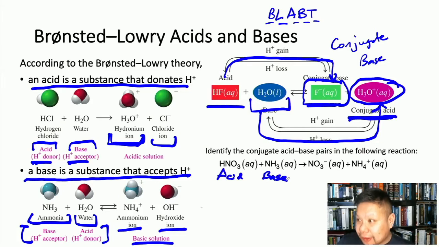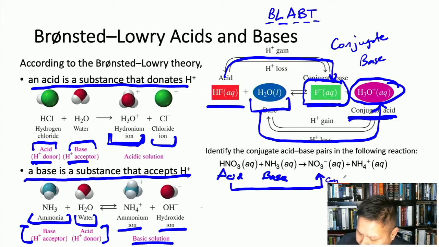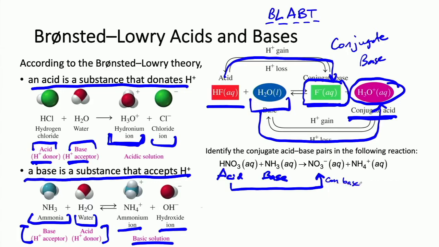Another trick here too is that the conjugate base of the acid will always be the negatively charged ion. So nitrate here is the conjugate base. Let me move my head there so you can actually see what I'm writing. There we go, the conjugate base.